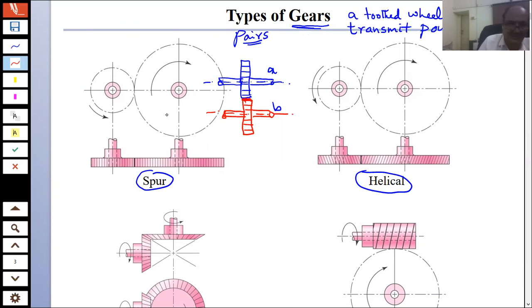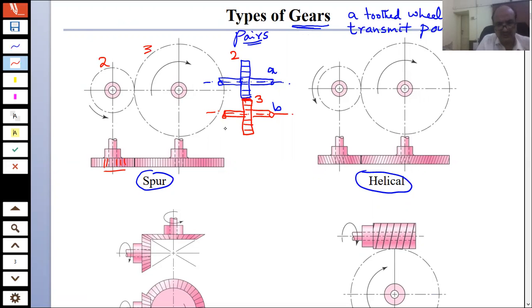So this is a spur gear, and it is shown in this figure. As you see, the teeth are parallel to the axis of rotation of the shaft, and that is how these two gears mesh with each other. For example, this is gear 2, right? And this meshes with another gear 3, so this might be 2 meshing with 3.